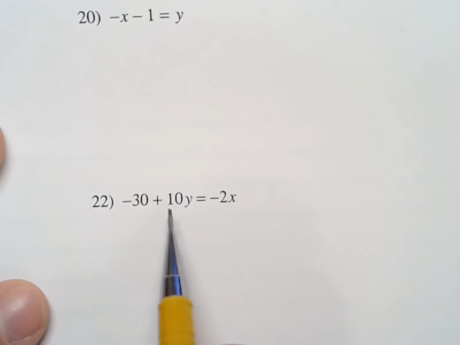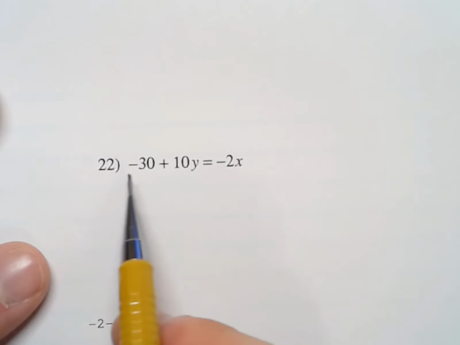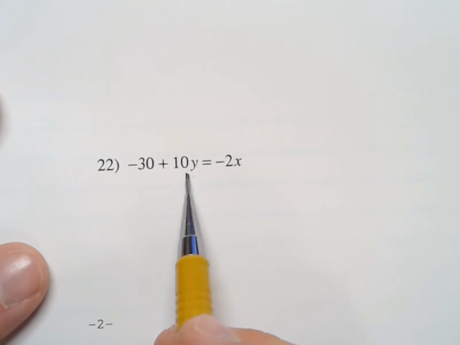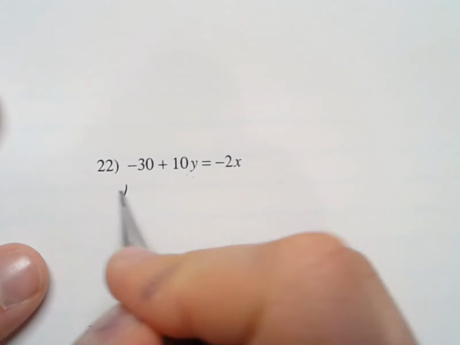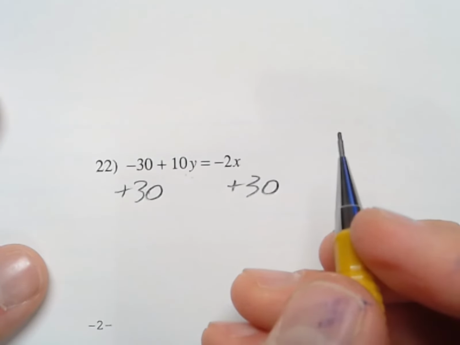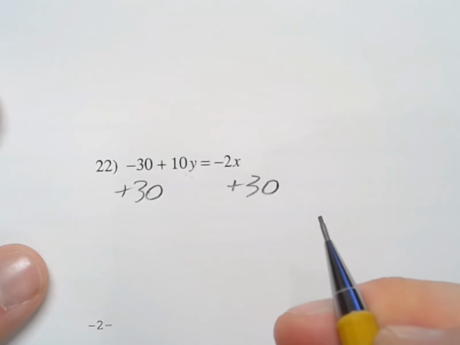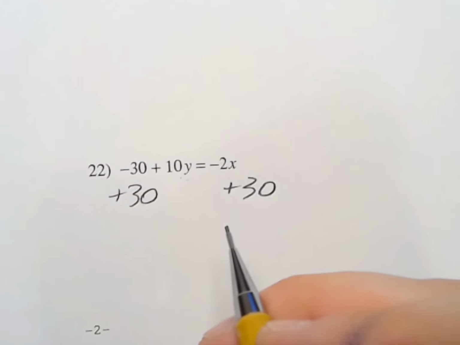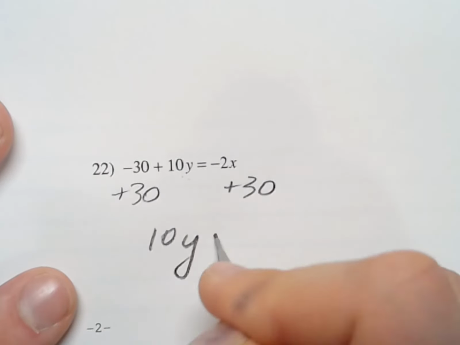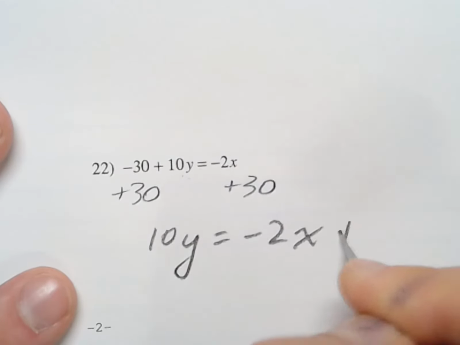Then I guess this one, again, I've given you this one in an incorrect order, but it really doesn't matter. All we want is we want the y on one side of the equal sign. So I can just add 30. And actually there's another one I'm going to do after this one, so I lied. This is not going to be my last one. So if we add 30, we get a 10y equals negative 2x plus 30.